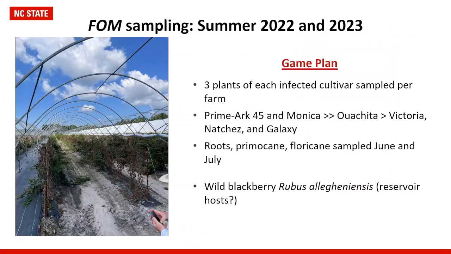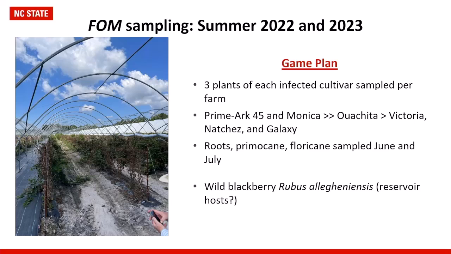Okay, so how did it start to work? Well, Bill hosted Jamie and others from my lab for a few days and took them around eastern North Carolina. We looked at 3 plants from each infected cultivar sampled per farm. Just observationally, Primark 45 and Monica seemed to have more Fusarium wilt than Wachita, and the severity on Wachita seemed to be greater than Victoria, Natchez, and Galaxy.